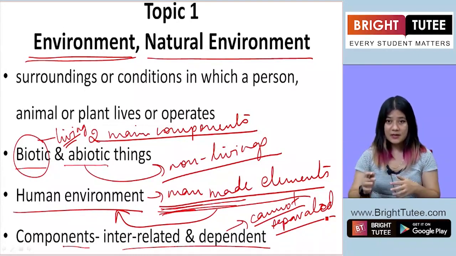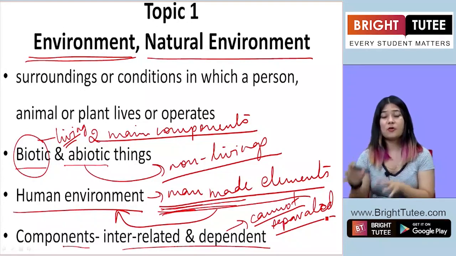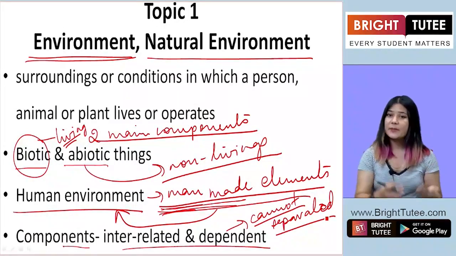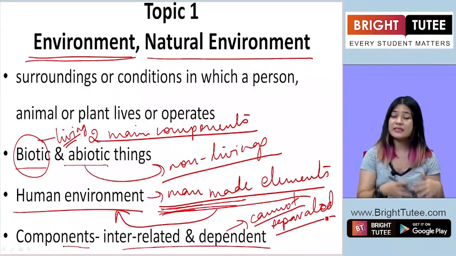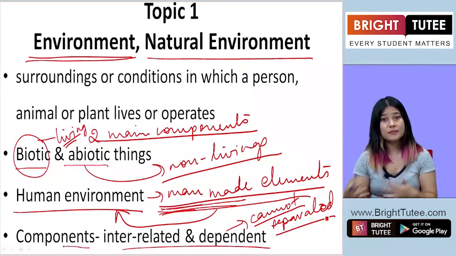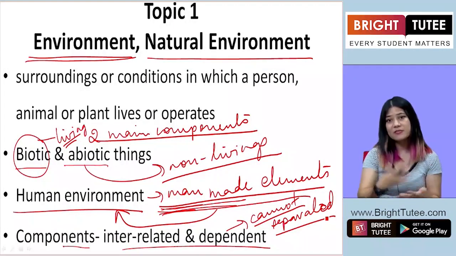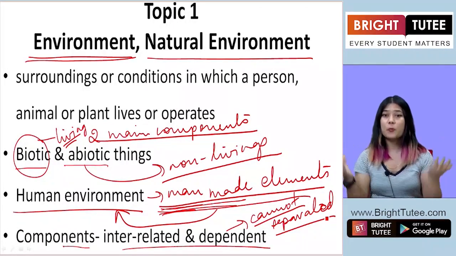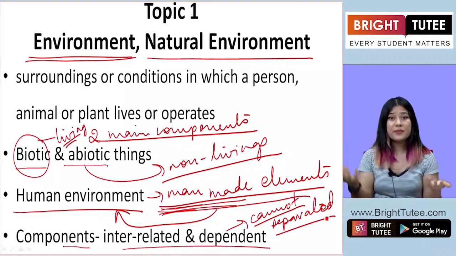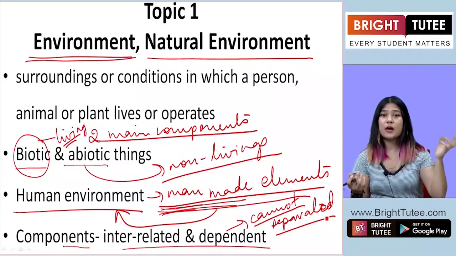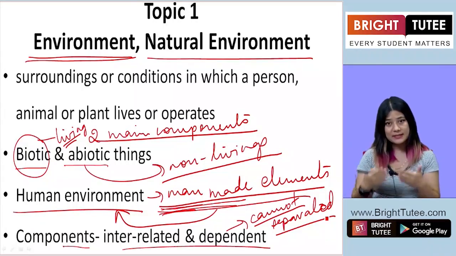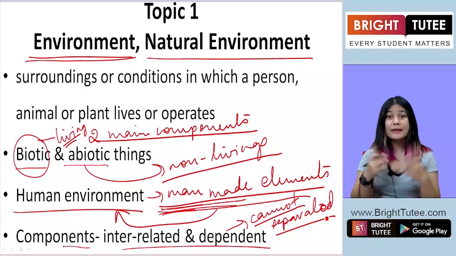Similarly, animals also depend on water to drink. We also depend on water. We depend on land. Land is where we build our houses, we cultivate crops. So we depend on other components of the environment. We depend on the weather, temperature, the sun, air, etc. So this dependency is important.